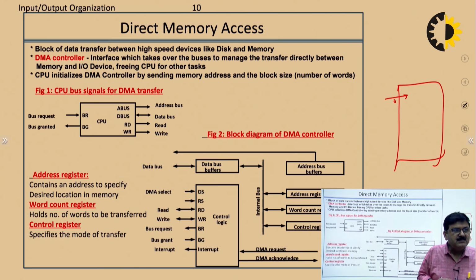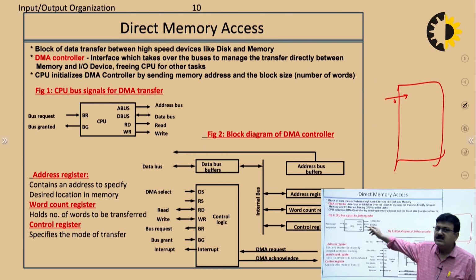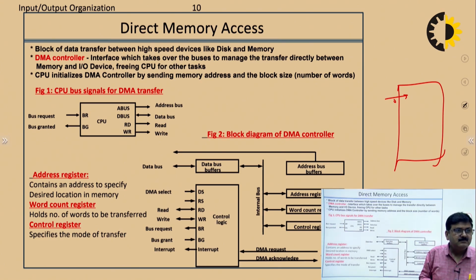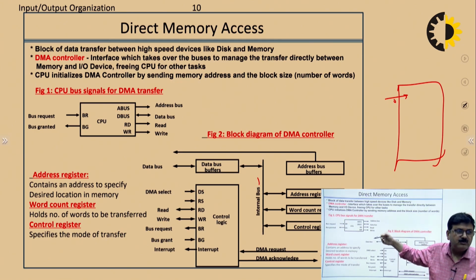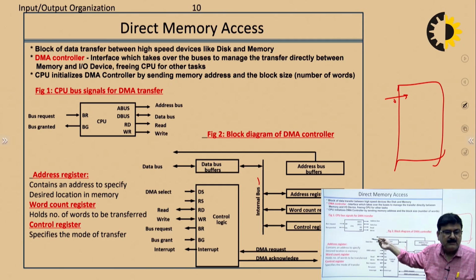Now in this case, there are bus signals: address bus, data bus, read, write, bus request, bus grant. These are the portions. As you know, the address bus carries the address where the data is written, and the control signal tells whether we want to read the data from the memory or write the data into the memory.